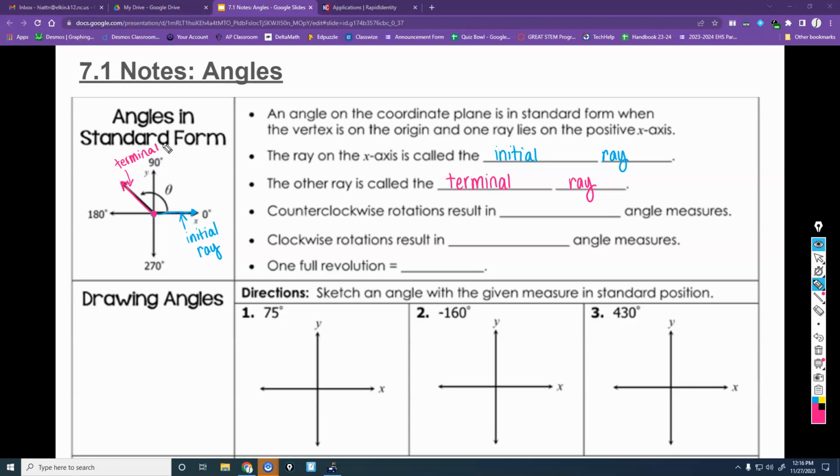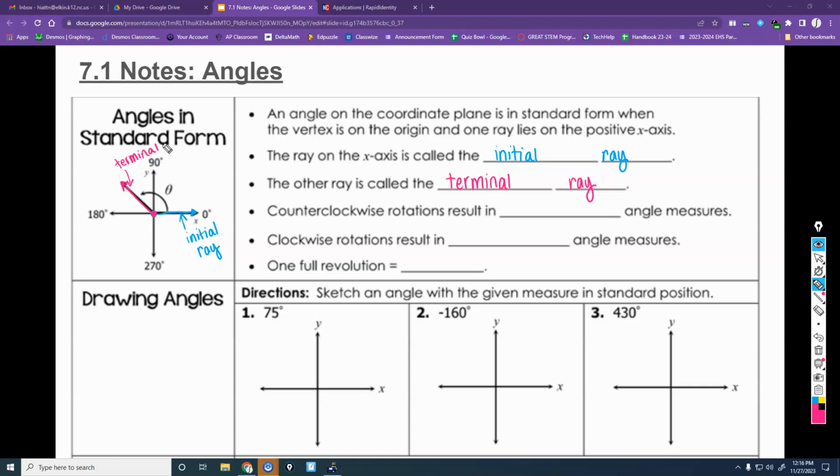With that initial ray. Now, in the world of angles on the xy axis, you can either have an angle that goes clockwise or counterclockwise. That may not always be a term that you use a lot in everyday life, but clockwise goes the same direction as a clock, right? So as that second hand goes around, we're talking about going this way.